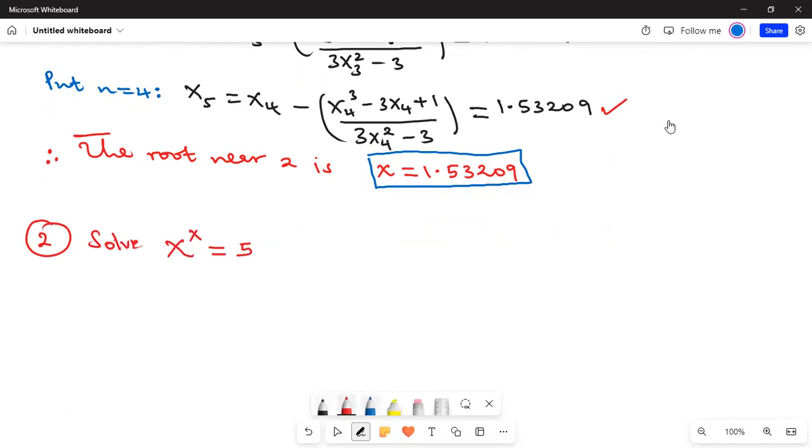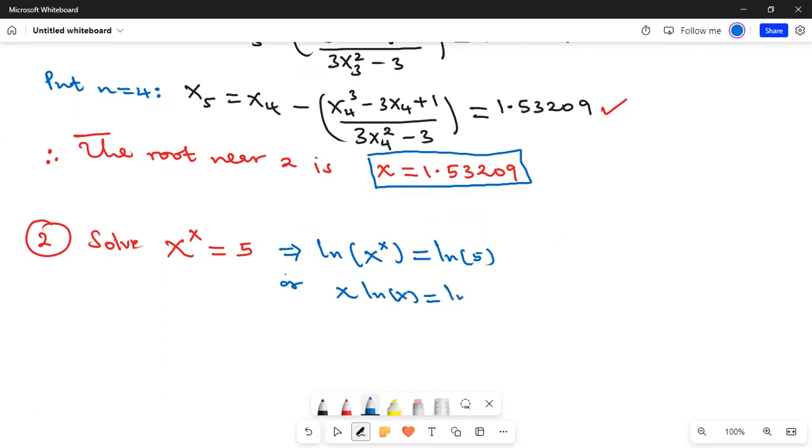So this can as well be written as, if I take log on both sides, or simply natural log on both sides, I am going to get that ln x raised to x is equals to ln 5. And remember, ln x raised to x is the same as x ln x.